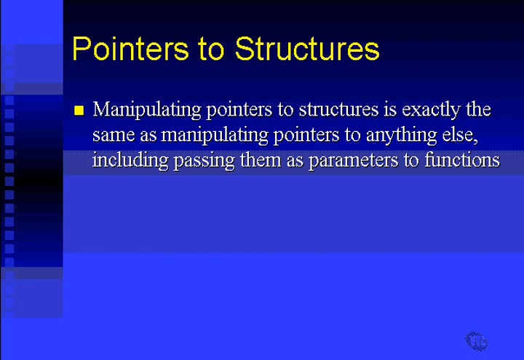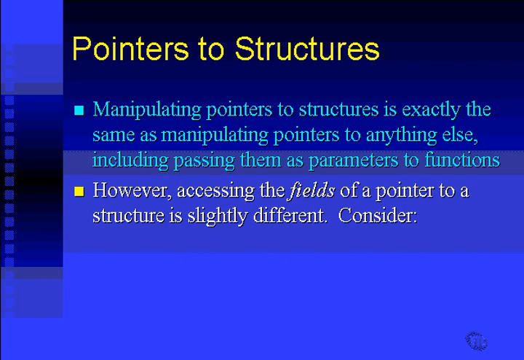Let's summarize. Manipulating pointers to structures is exactly the same as manipulating pointers to anything else, including passing them as parameters to functions. There is nothing new to learn about that. But when it comes to fields, it's a slightly different issue. Consider the following.